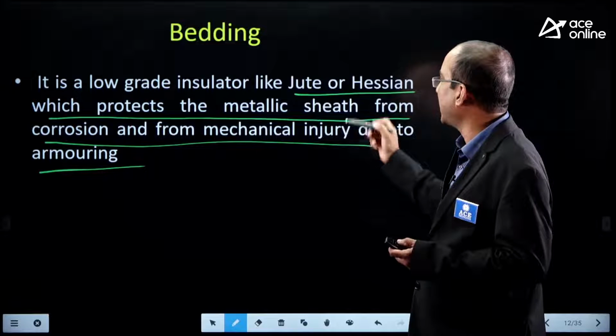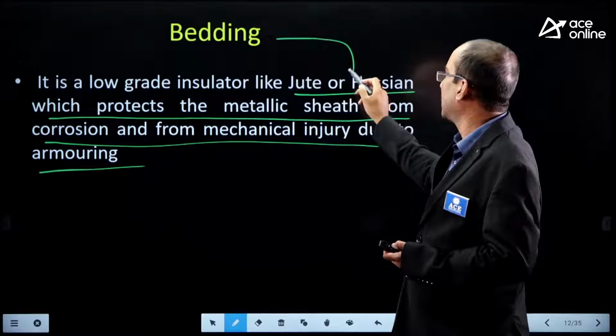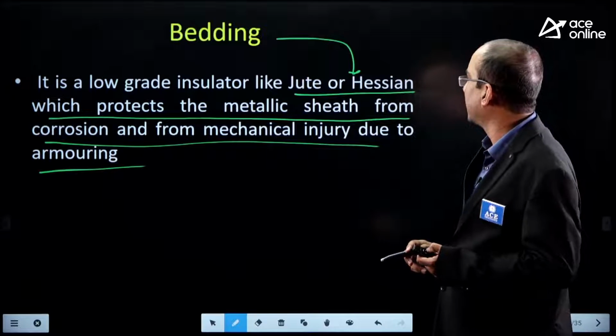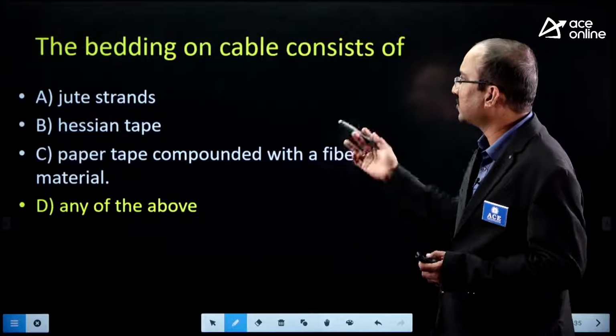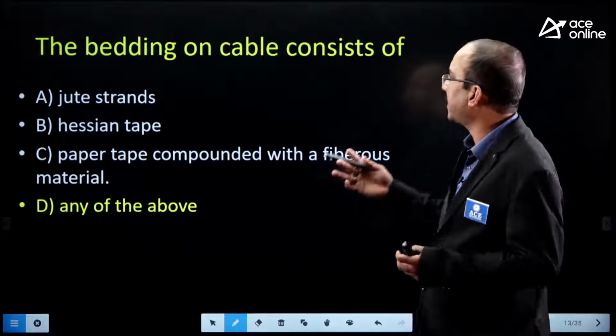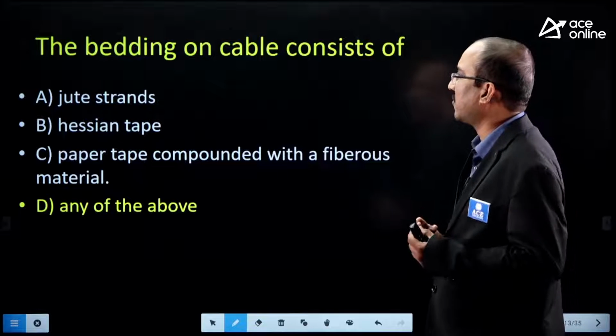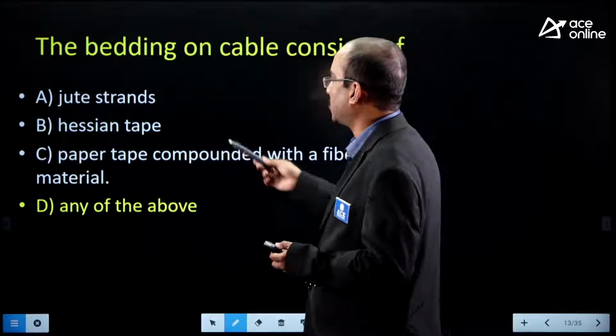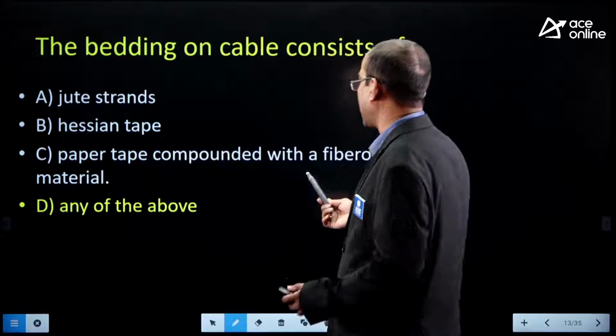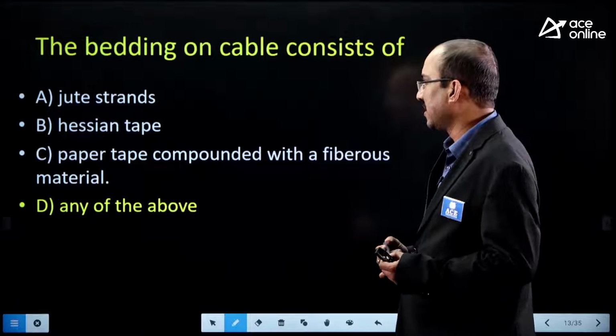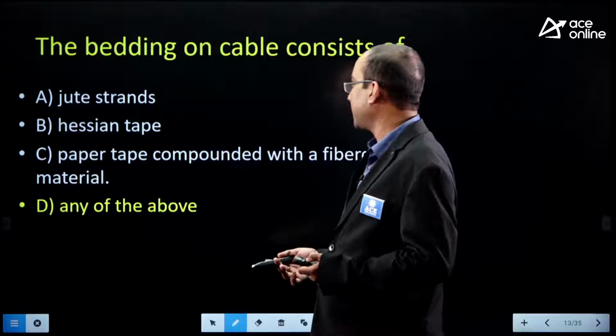It is made of jute or hessian tape. Now the question can be asked like this: the bedding on cable consists of what? Jute strands, hessian tape, paper tape compounded with fibrous material, any of the above.